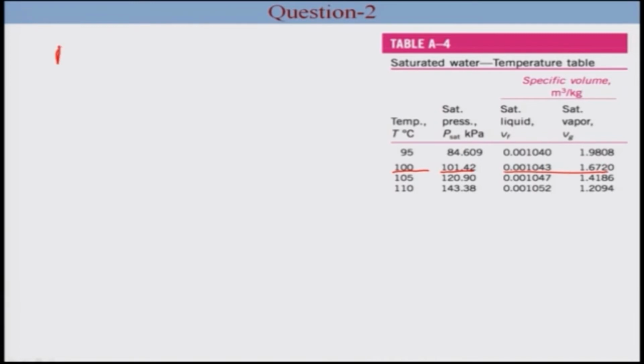So P2 would be 101.42 kilopascal, and the corresponding volume V2 equals the volume of the fluid, because it is a saturated liquid, so there is no vapor. V2 will be nothing but 0.001043 meter cube per kg.